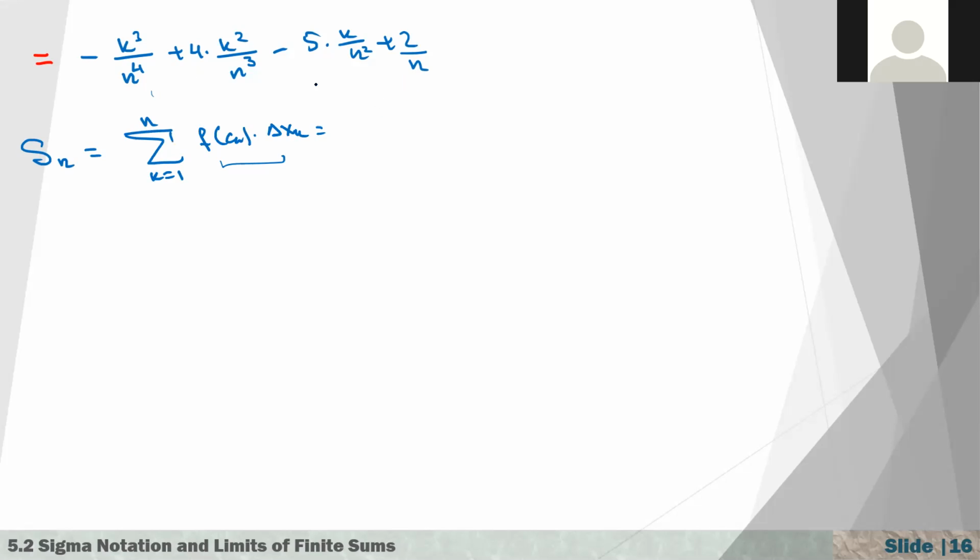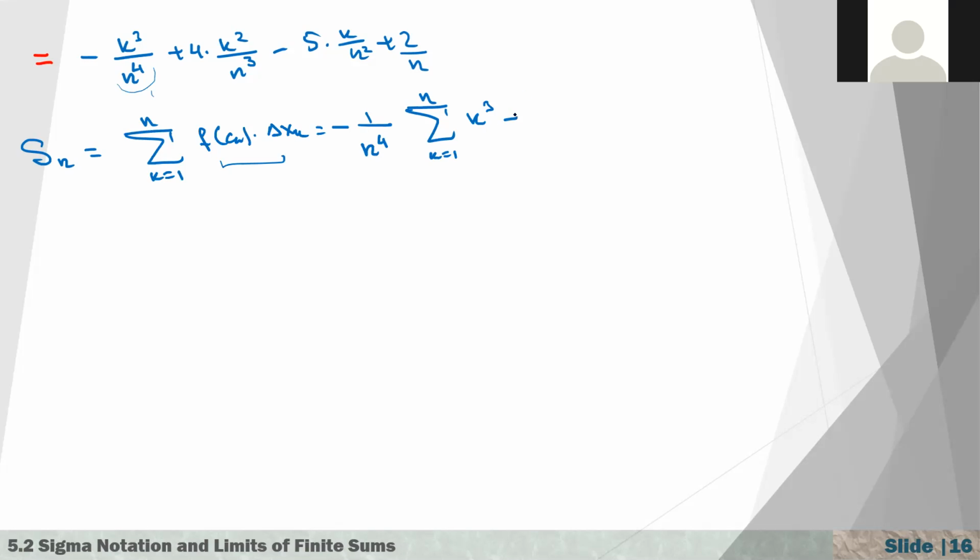Okay, now that's equal to, if you write the first one, as you see here, n is not dependent on k, right? So that's equal to minus 1 over n to the power of 4, here I have sigma, k equals 1 to n, so I have here, what is it? k cubed, right?